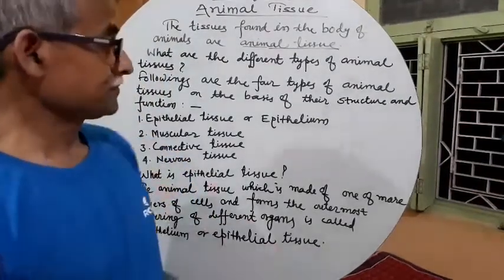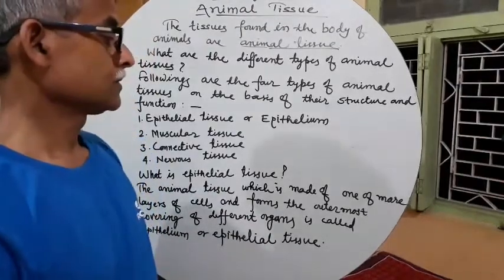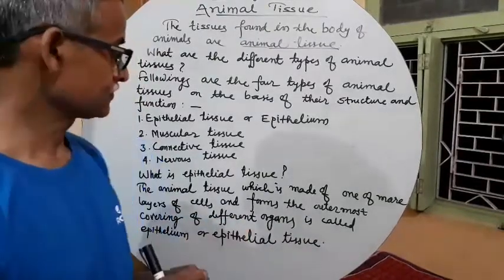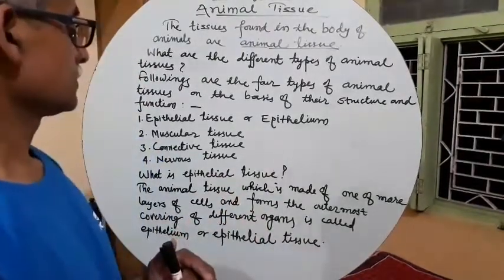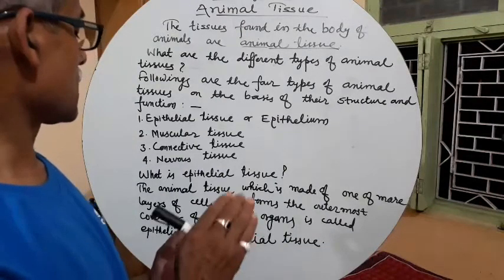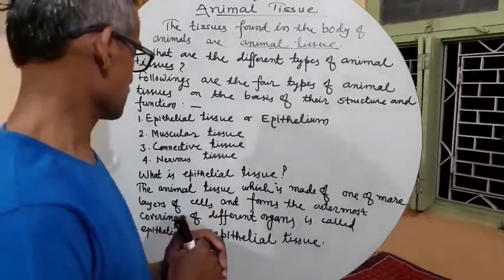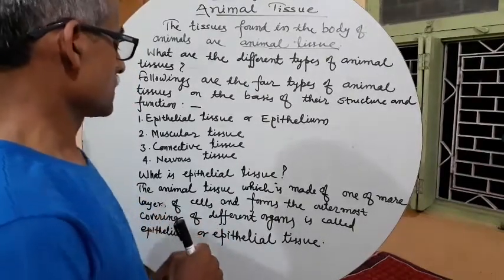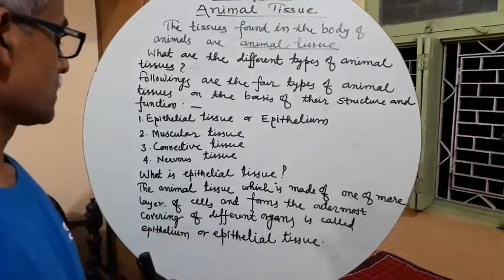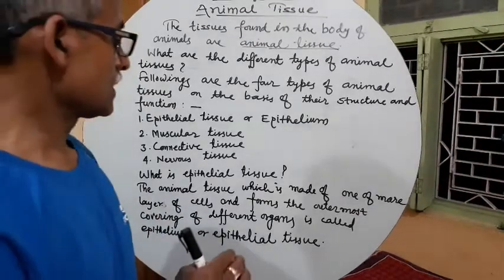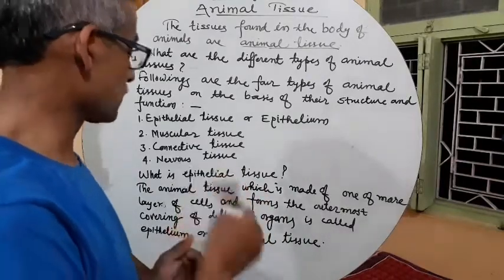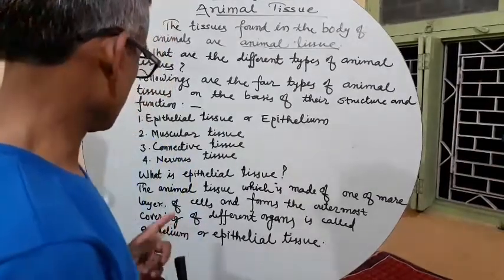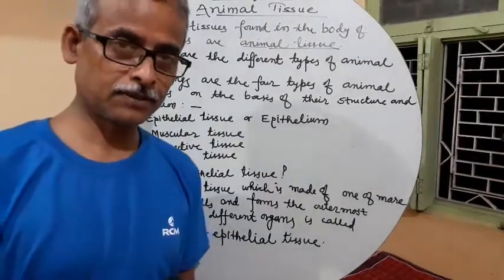The animal tissue which is made up of one or more layers of cells and forms the outermost covering of different organs is called epithelium or epithelial tissue.